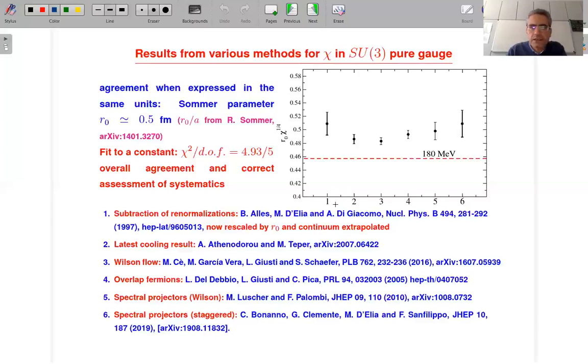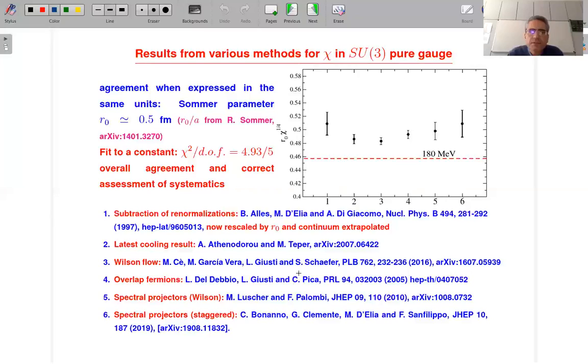And here on the horizontal axis, 1, 2, 3, 4, 5, 6 refer to the 6 different methods that I discussed before. And the corresponding reference from which the determination is taken is reported here for each determination.